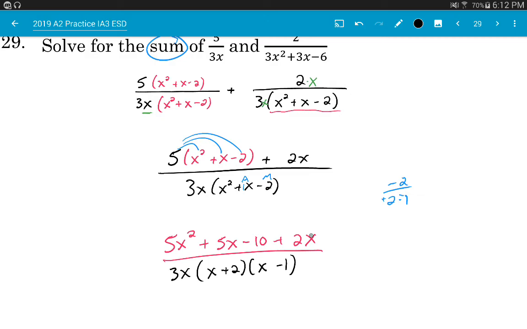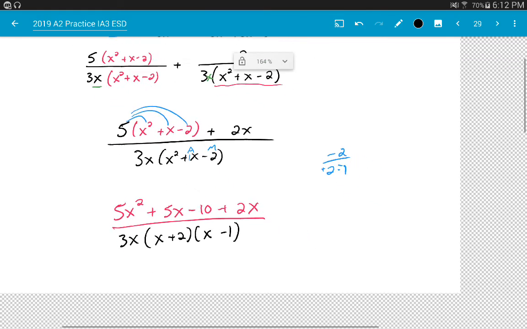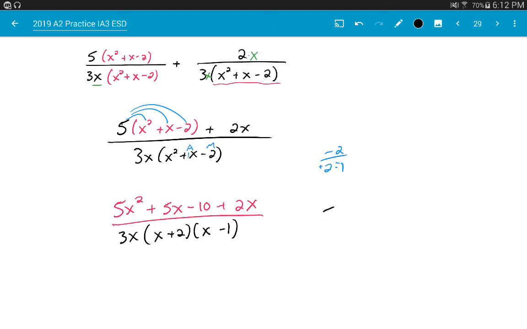I'm going to want to make sure that I combine these like terms on top, but nothing else is going to happen after that. So 5x squared plus 7x minus 10, all over 3x, x plus 2, x minus 1.